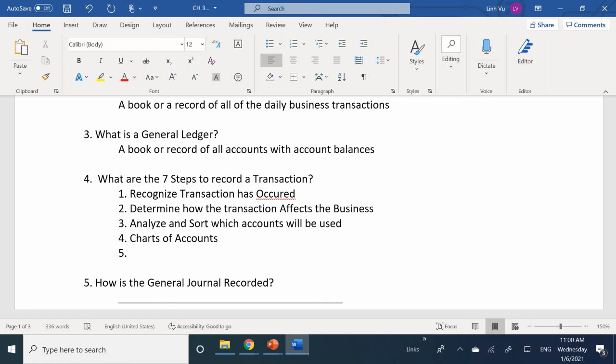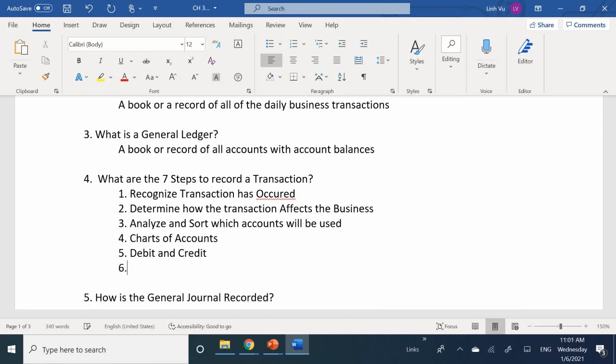Step number 5: use the debit and credit. Yes, debit and credit. And then step number 6: determine which journals you should use to record. Determine which book to record in.